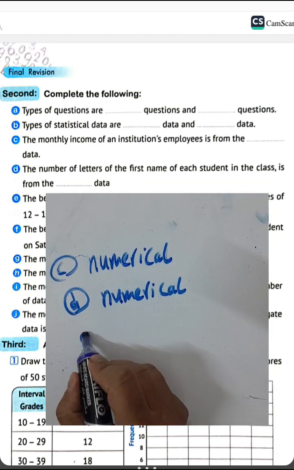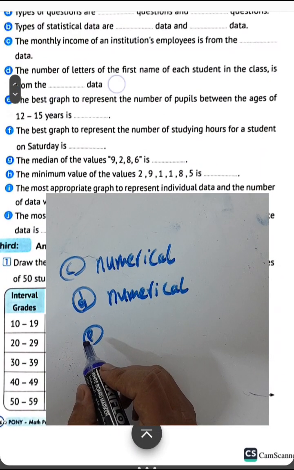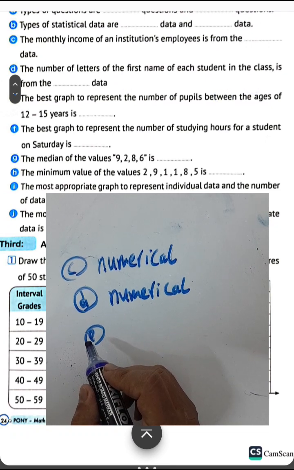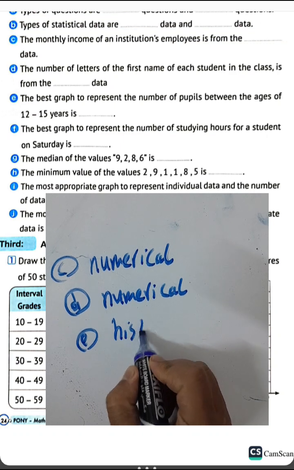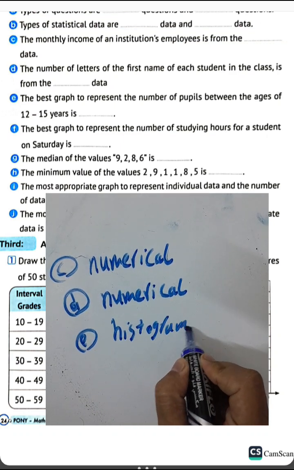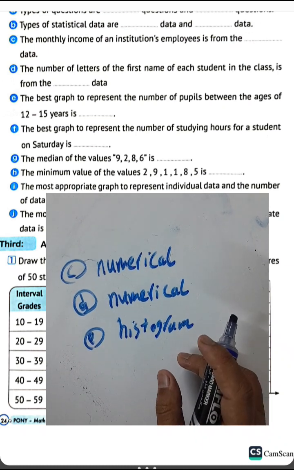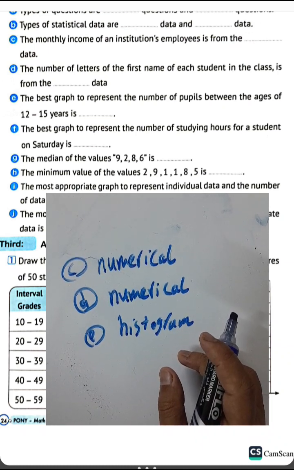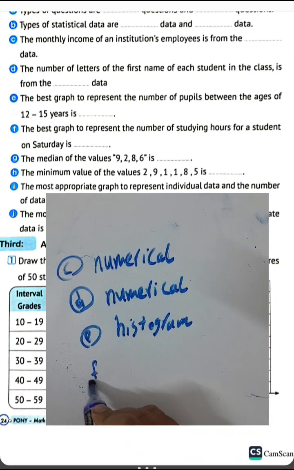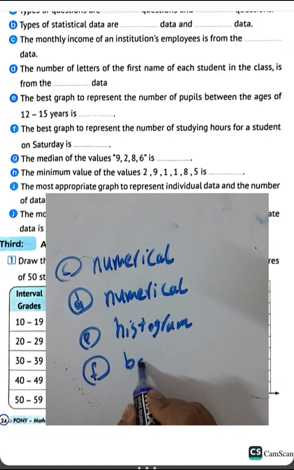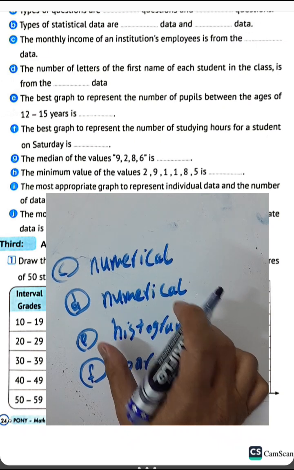Letter E, the best graph to represent the number of pupils between ages 12 to 15 years will be a histogram. Histogram is the best method to draw the intervals. The best graph to represent the number of study hours for students on Saturday, letter F, we must draw a bar graph, because in letter E we have the intervals.